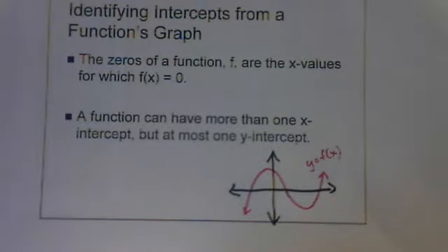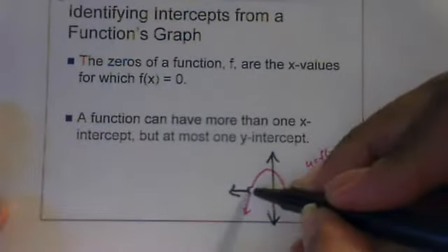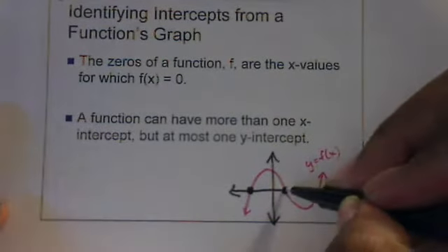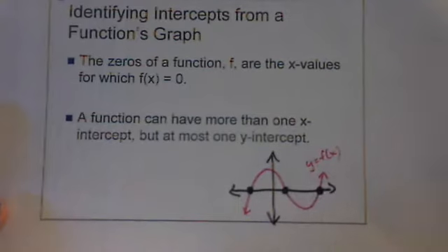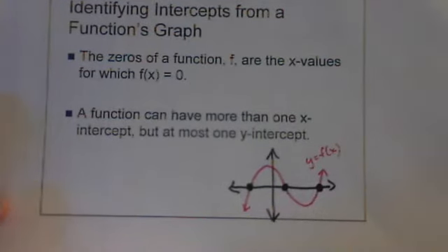The places where the graph crosses the x-axis, we talked about this earlier in one of the sections, those are your x-intercepts. And those x-intercepts represent the zeros of the function, because those are the points where the graph crosses the x-axis. And that's where f of x will be equal to 0 for that particular function.